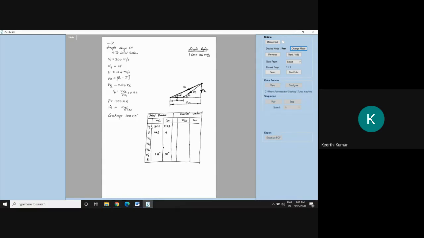All of you try to draw to the actual scale. Anybody having issue or got the values?